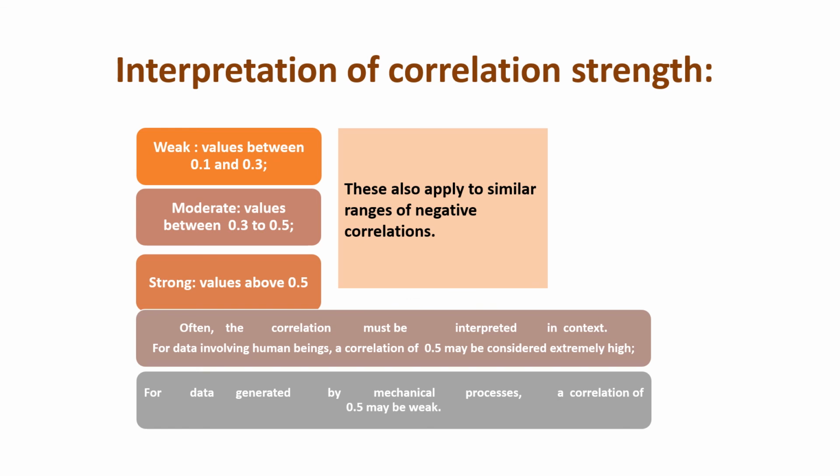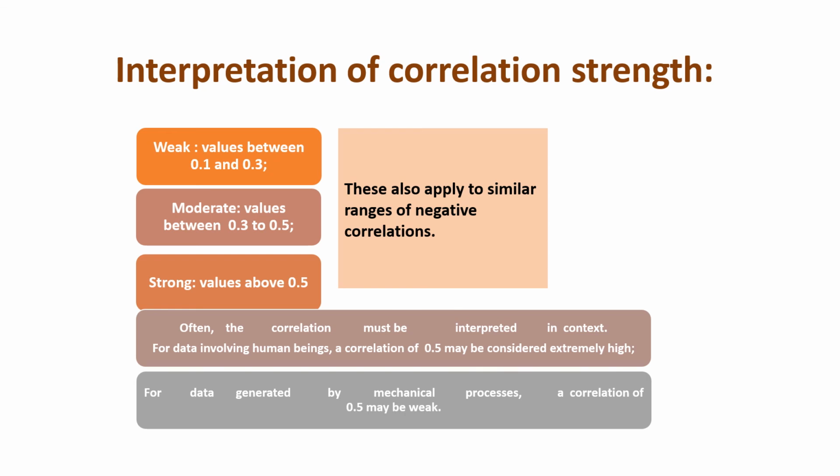If our correlation coefficient value is between 0.1 and 0.3, we can say that the data have a weak relationship. If it is between 0.3 and 0.5, we can say that we have a moderate relationship.